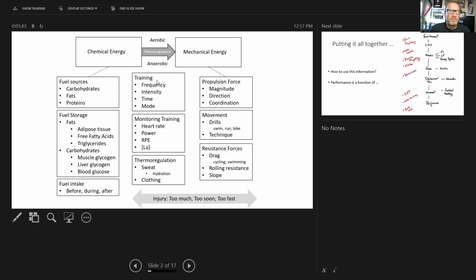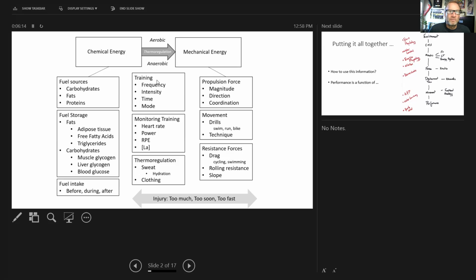And interestingly, this is really why when we're training, we often do movement drills or focus on technique, because we are trying to learn the best way to generate the right amount of force applied at the right moment in time in the right direction in order to be as effective in our movement as possible, and relating back to this class, being as economical as possible. So having running economy be as low as possible for a given speed, or lowest VO2 for a given speed.